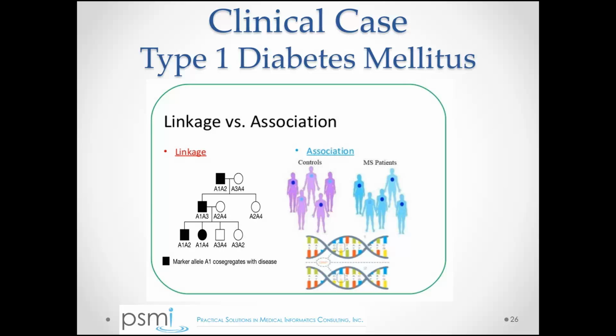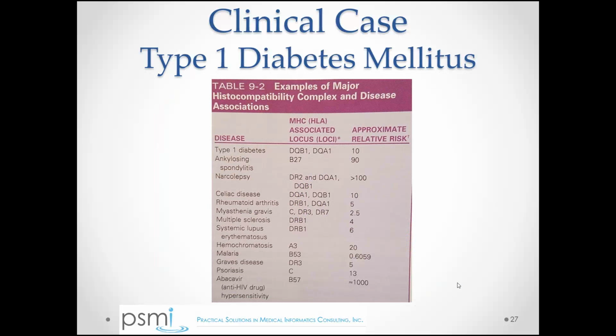And when these association studies were applied to diabetes, one of the things that was discovered was that a couple of alleles at a couple of genes were found to be more prevalent in the diabetic population than in the non-diabetic population.